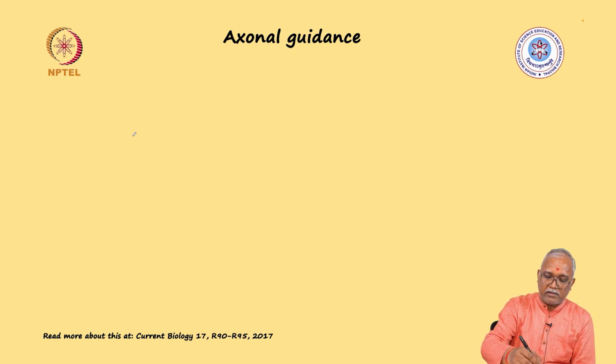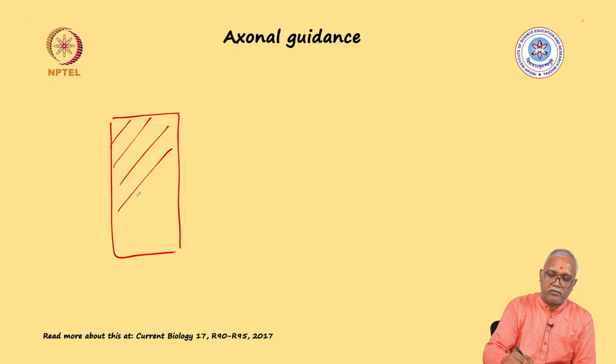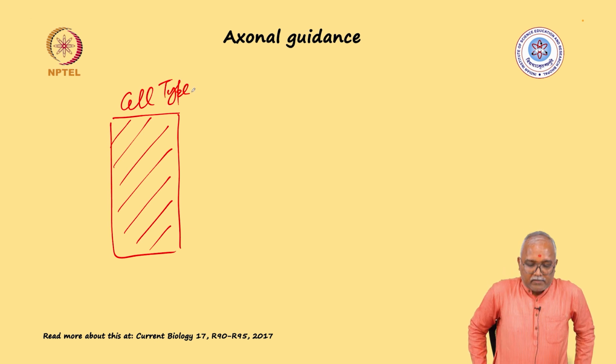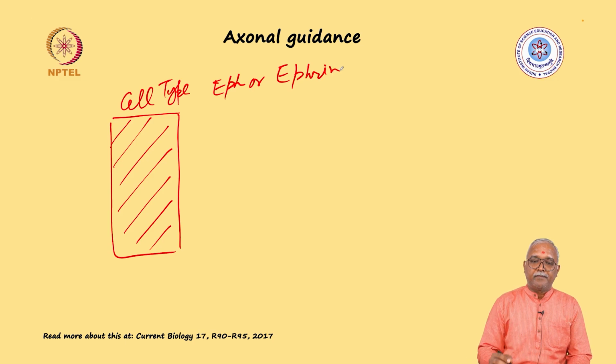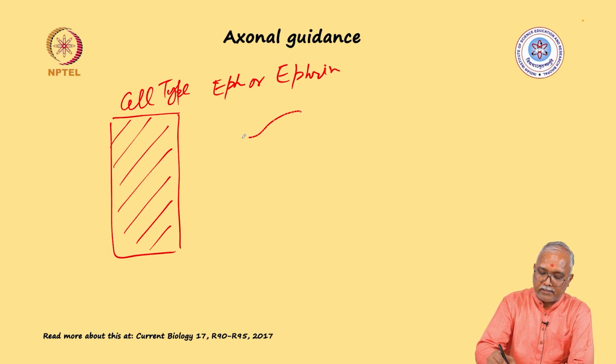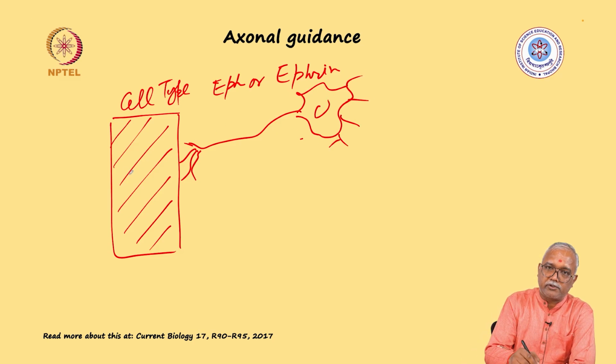So if you consider a set of cells which are already present, think of them as cell type A, expressing a particular type of Eph. Suppose a neuronal axonal end is coming here, a neuronal cell with dendrites, and its axons are coming to this tissue.